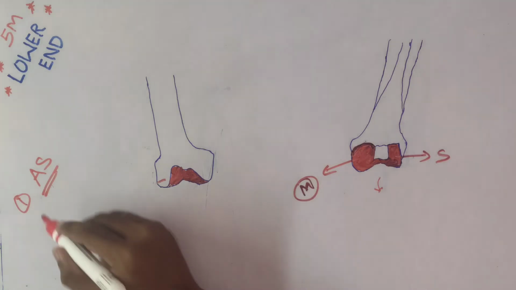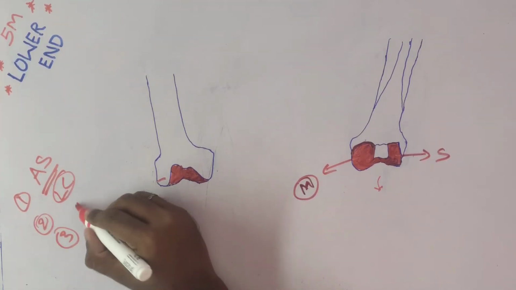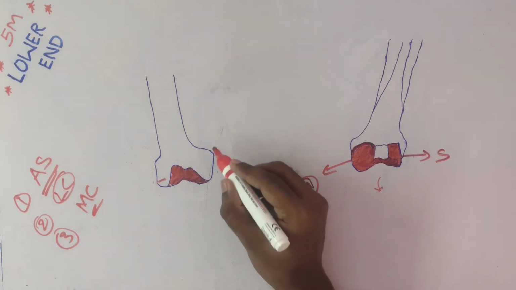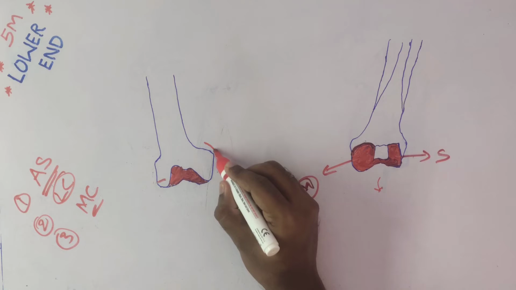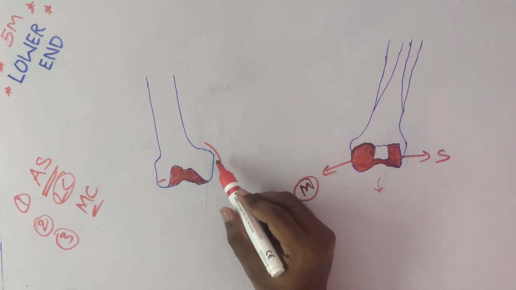Next, coming to the medial condyle. The medial condyle is convex medially, and the most prominent point on it is the medial epicondyle.